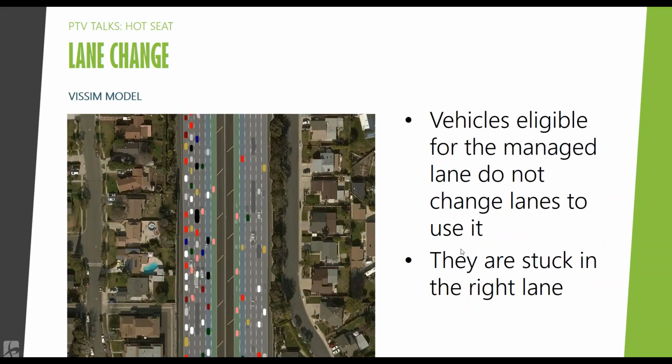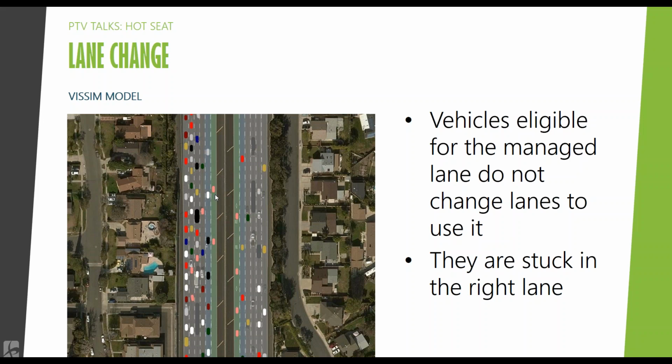So what's happening in Vissim, and here's a model of that, you can see the southbound lanes are congested, and the leftmost southbound lane is a managed lane, carpool lane in this case. All the pink vehicles are carpool lane eligible vehicles. You can see that in that green lane that's highlighted based on it being the carpool lane, a couple of carpool vehicles in it.